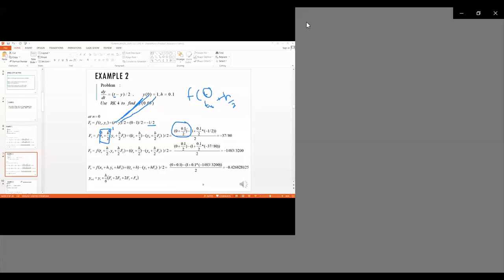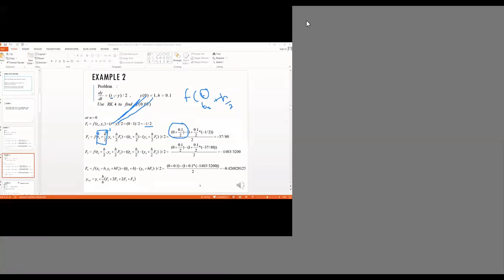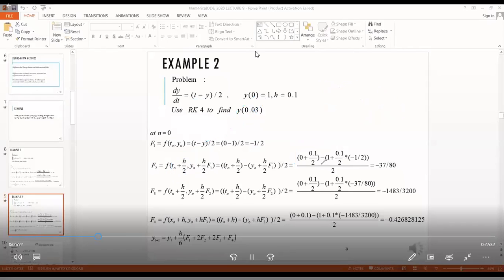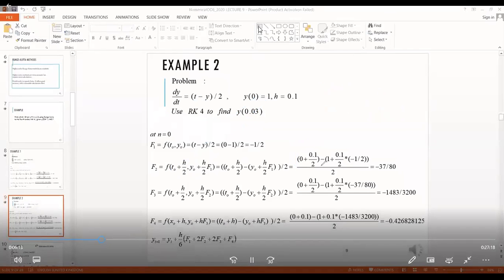Then the minus comes in. Now this whole thing here replaces your y in the equation, so minus y naught plus h over 2. Y naught we know is equal to 1, so you substitute it here. H is 0.1, so 0.1 over 2 here.